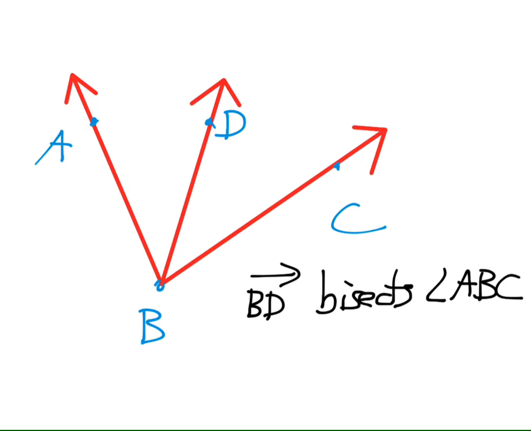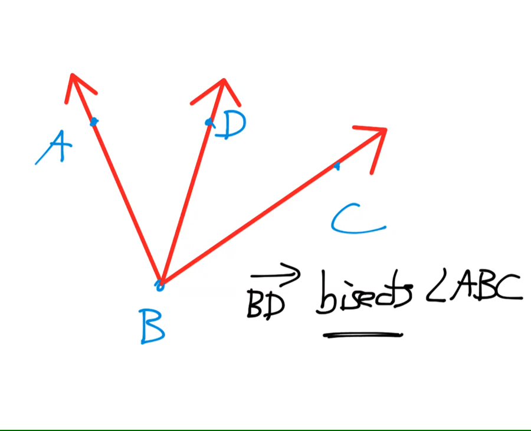Remember we did a segment bisector. What's a bisector do? What's a bisector mean? Intersects another line. It does intersect it. How specifically though? Bisector cuts it in half, right? Bisector always means cuts in half.